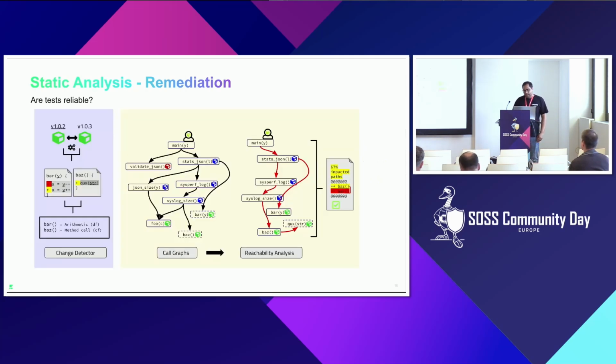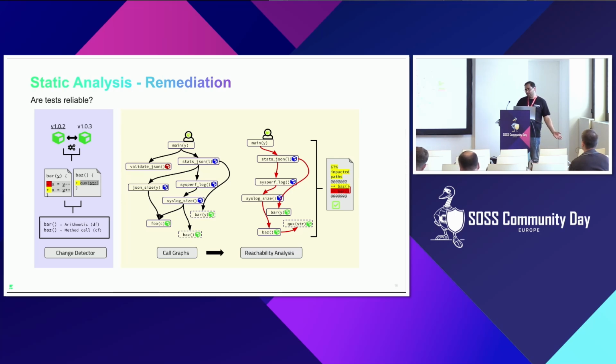A way to cover those gaps, where tests are not covering, is to make use of call graphs. For example, you can have a change detector or diffing. If you know which functions have changed, you can analyze whether they have breaking changes or, to some degree, semantic changes.